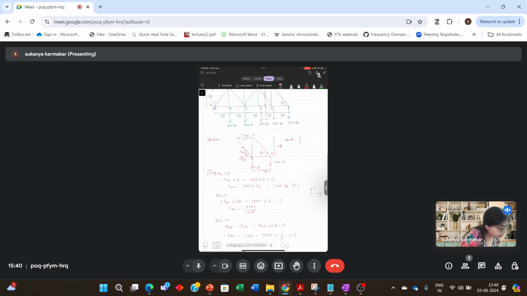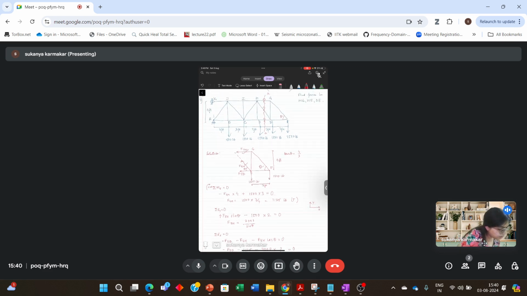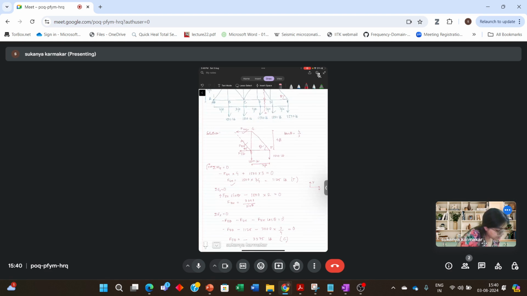So you have to calculate the force in the member HG. HG is calculated. HE, let me plug in the numbers: 3000 divided by sin theta. Now, sin theta will be, this is 3, this is 4, so 4 by 5.